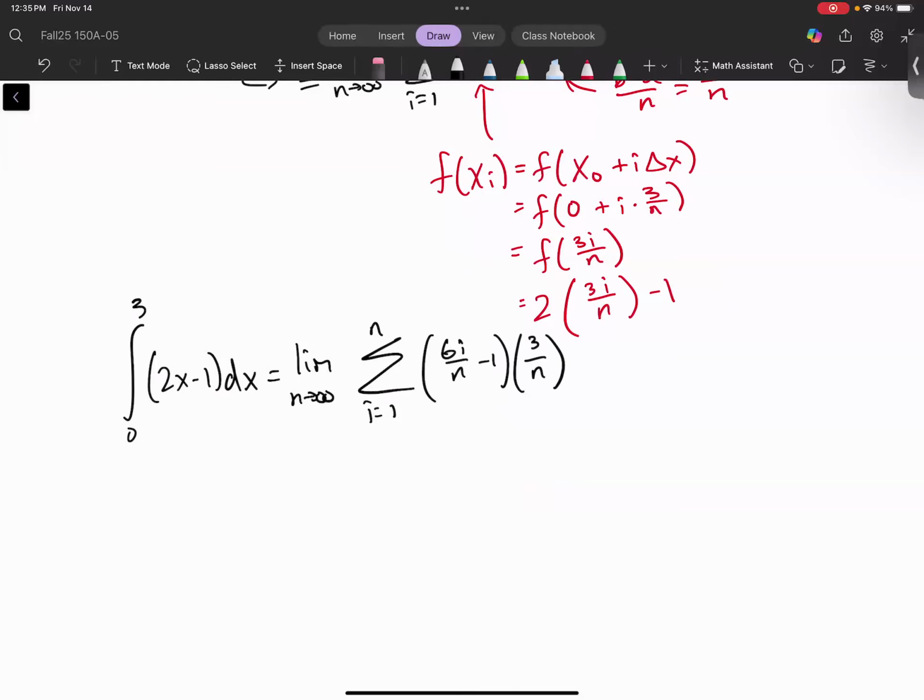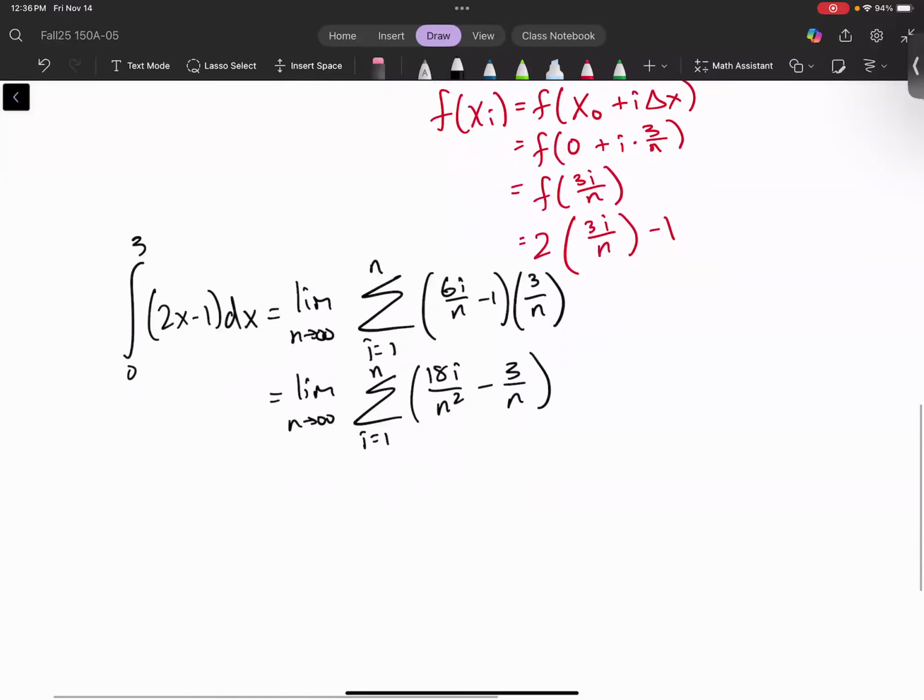Okay, now let's multiply these things together. All the first bit stays the same, but I have, what do I have? 18, I've got to distribute the 3 over n. So I have 18i over n squared minus 3 over n. Okay, now let's use our properties of sums.